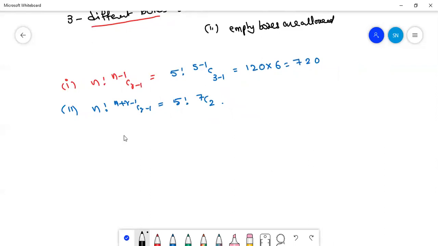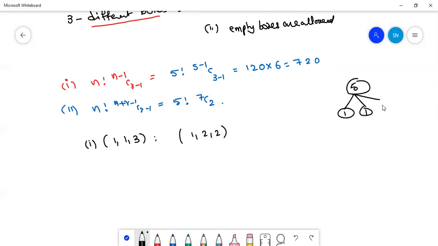I'm calculating manually the cases 1,1,3 and 1,2,2. These are 2 possibilities. So what we need to do here: first make the 5 objects into groups 1, 1, 3, and keep them into boxes.